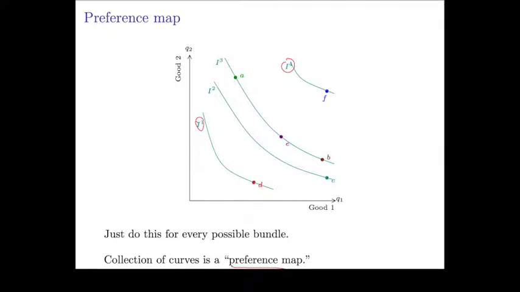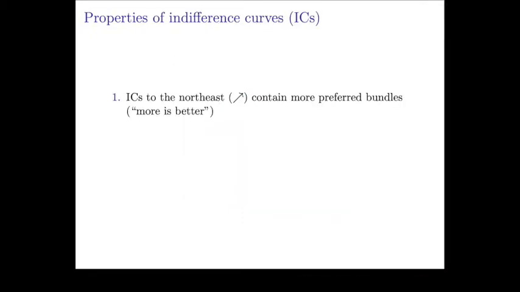Now, what are some properties of these things? Well, because of this more is better principle, or monotonicity, we know that these indifference curves are passing through better bundles as you move to the northeast.